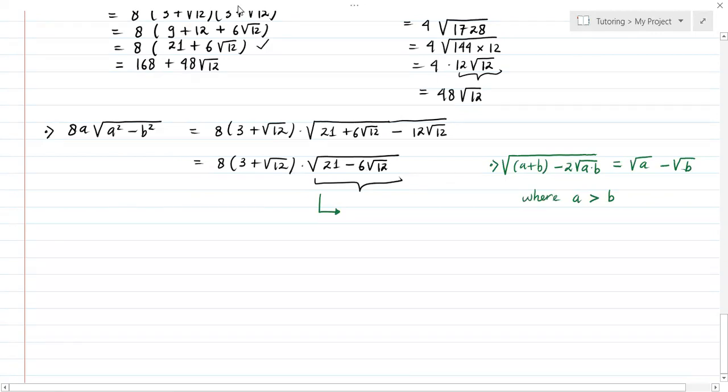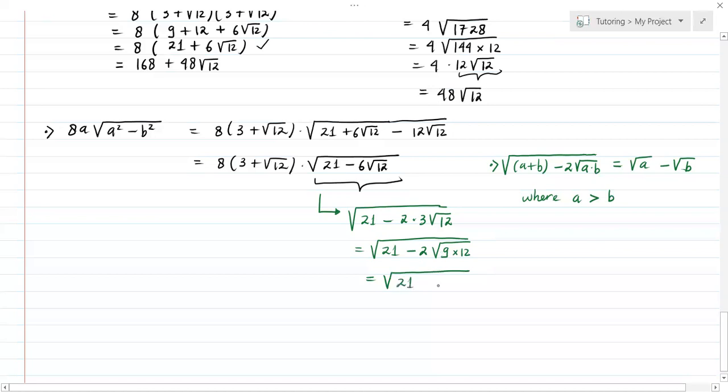So here I can write root of 21 minus 2 times 3 root of 12. If we move 3 into the square root, we have 3 squared, so here we have 9 times 12. So it will be root of 21 minus 2 root of 108.